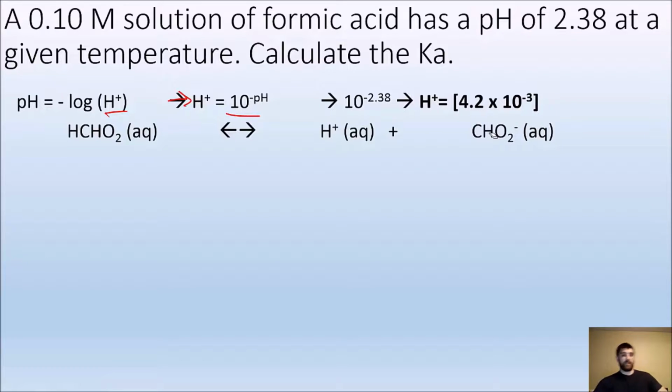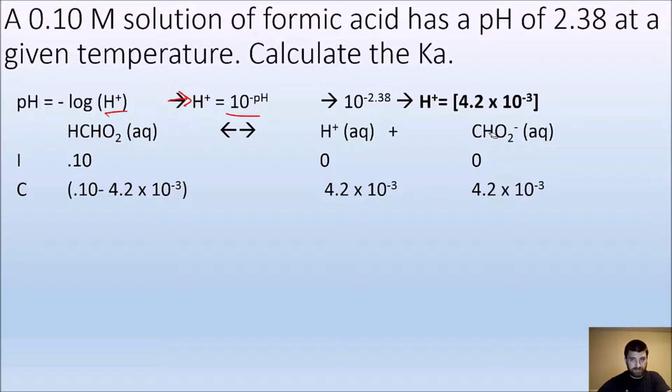So this is the reaction. I have formic acid. It breaks up into H+ and the formate ion. Initially I start with 0.1 molar of the formic acid and no H+ or the formate ion. Then it changes. How much did it change? Well, I figured that out with my pH calculation.